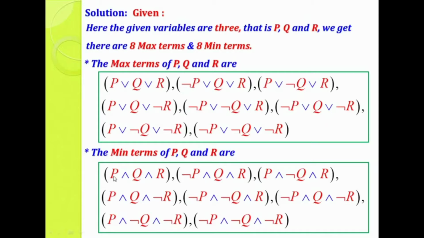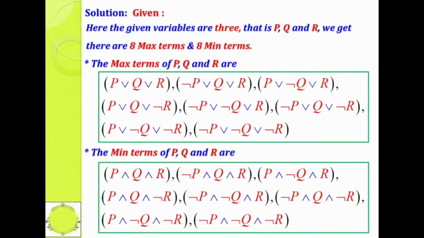So we get 8 min terms of the given variables, and each term contains 3 variables because the given variables are 3 statements. Each term has different variables and negations only. So these are the max terms and the min terms of the given variables P, Q, R and the negations of P, Q and R.